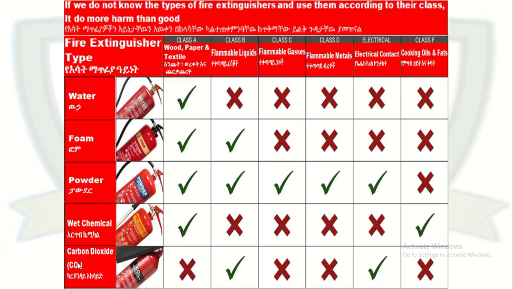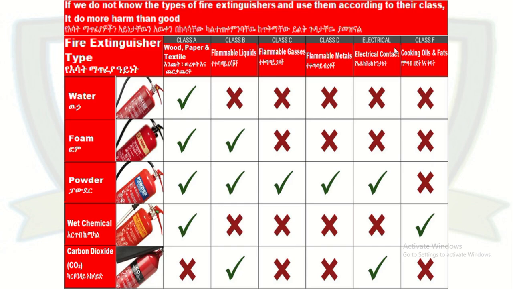And the last type is carbon dioxide. This is useful for class B and for electrical. Under class B, for flammable liquid, and for electrical contact.